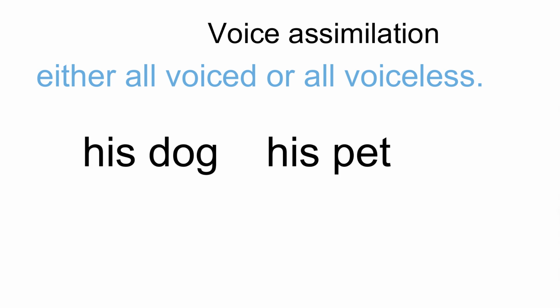Consider, for example, these two phrases: "his dog" and "his pet." The d in "dog" is a voiced sound, so the s in "his dog" is assimilated to the voiced z sound. By contrast, the p in "pet" is a voiceless sound, so the s in "his pet" is assimilated to the voiceless s sound.